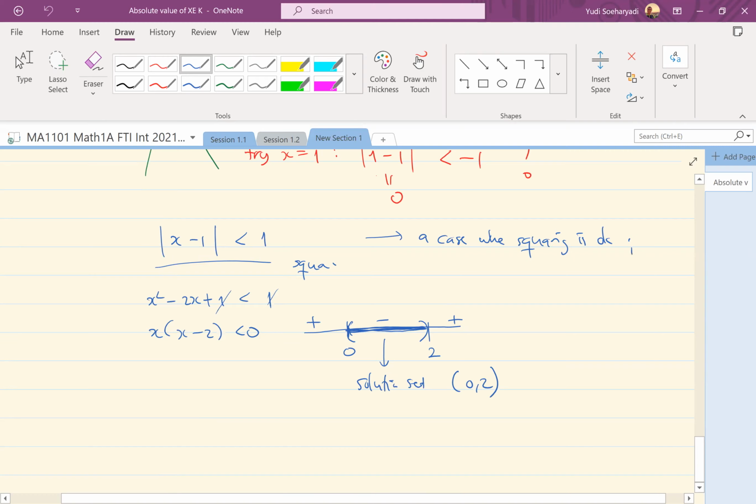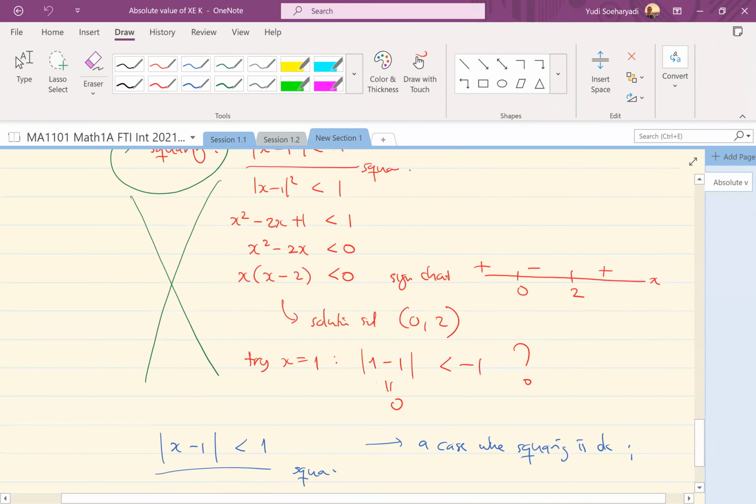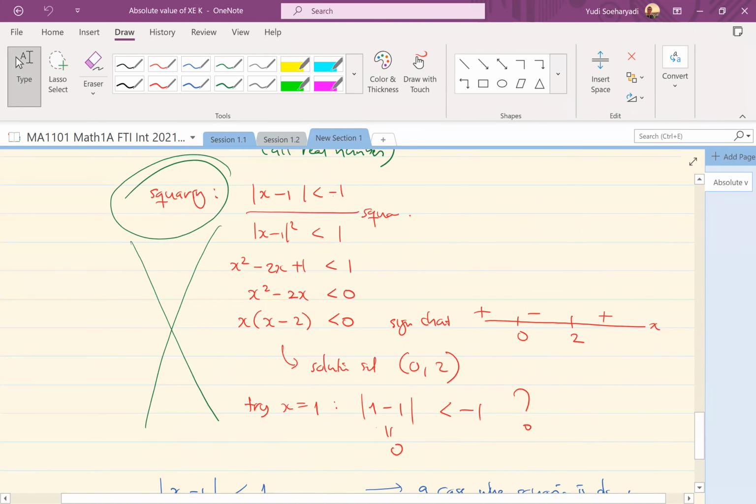What was wrong in the previous case is the squaring. So what went wrong? Squaring a negative number.